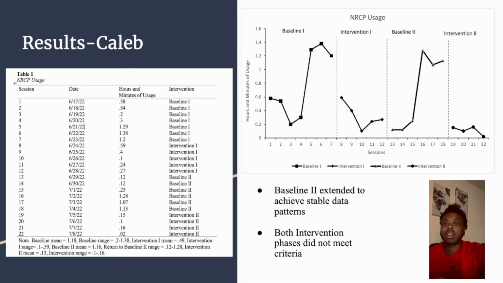which I did not meet in intervention 1 because from the first point in intervention 1 I was already at about an hour of usage time for my cell phone, and the second point was high as well, so therefore I was unable to meet the criteria for the original intervention.